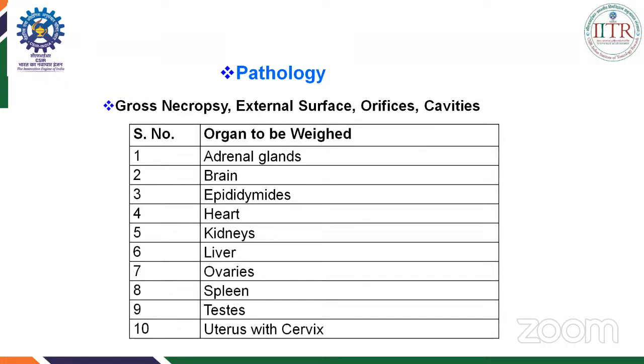Organs which are collected are again most of the target organs, that is the brain, heart, kidney, liver, the major organs. And if you are expecting a particular effect, say for example it is known to cause an effect on the muscles, then you also collect tissue samples from the various muscles of your test system, the rat.